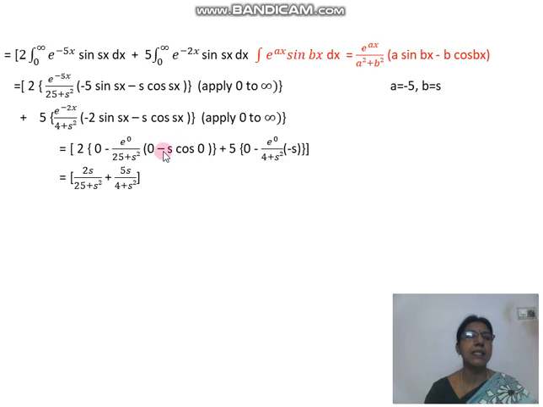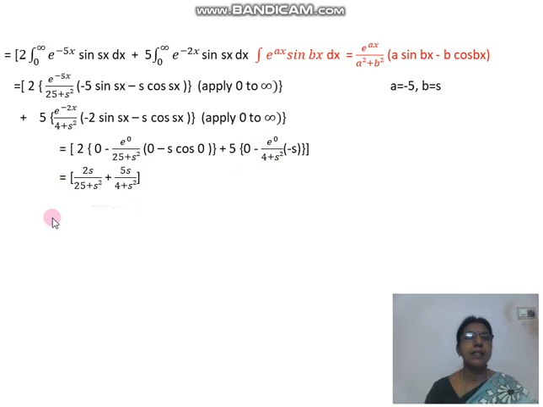Totally this is minus s, since cos 0 is 1. Minus s into 1 means minus s, and with the already existing minus it becomes plus s, by 25 plus s square, into 2. So 2s by 25 plus s square, plus 5 into e power 0, which is 1, into minus s, minus 1 into minus s means plus 1, so plus 5s by 4 plus s square.